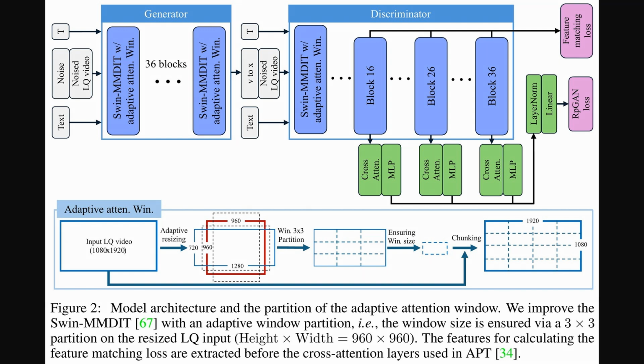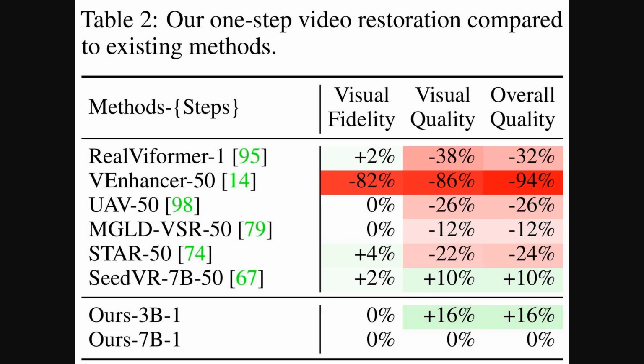This table then provides a quantitative comparison, showing how the one-step SeedVR2 models stack up against existing methods. It looks at visual fidelity, which is about detail accuracy, visual quality, referring to perceptual clarity, and overall quality, with percentages indicating relative performance.